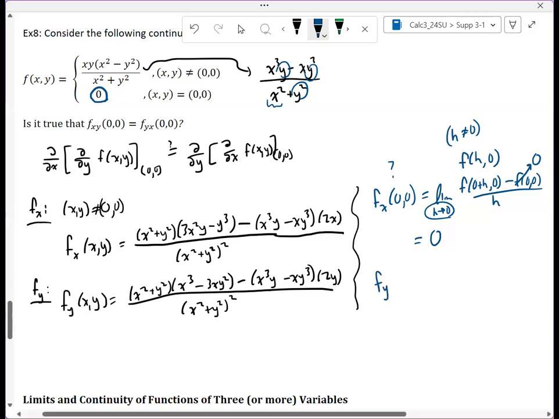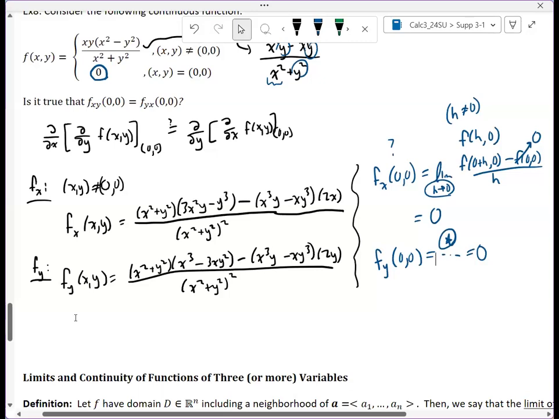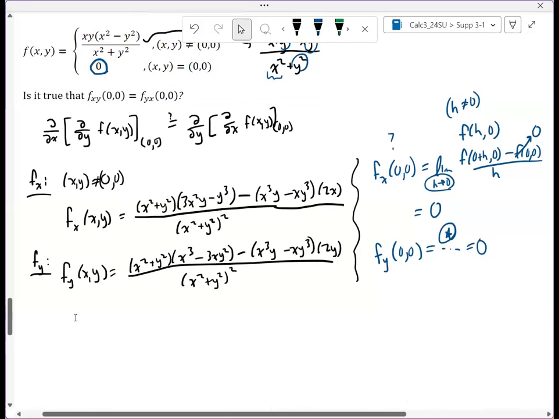And for a similar reason, the partial of f with respect to y at 0, 0 is 0. As an exercise, fill in the details here. It'll look pretty similar to the one I just did. Okay, so I now have my x partial and my y partial.